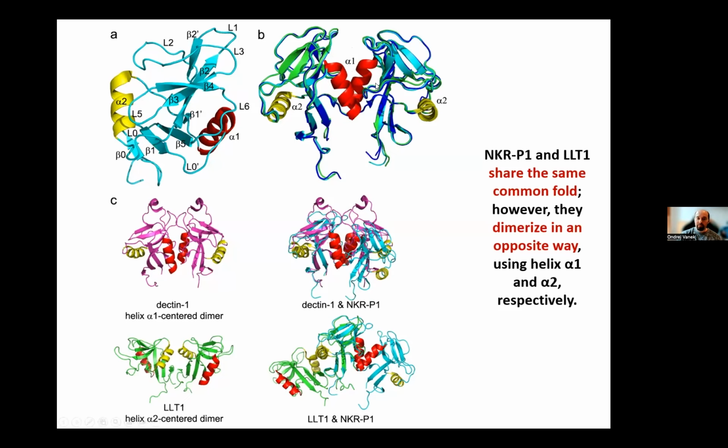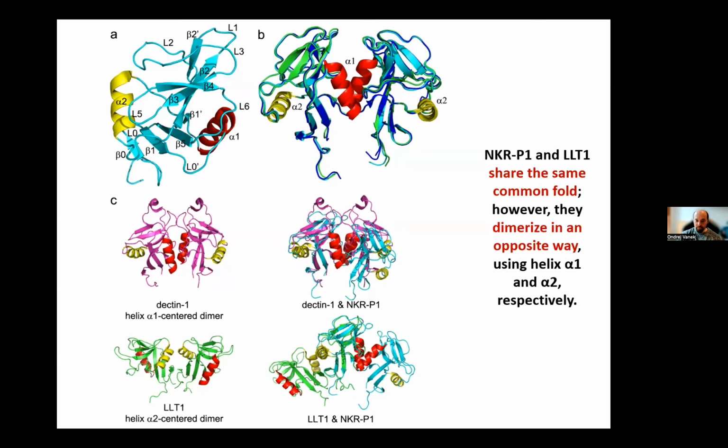So this non-covalent dimer is exactly the same when we compared the structure of glycosylated, deglycosylated, and deglycosylated in a complex. But what was interesting was that when we compared the structure of the non-covalent dimer of the ligand, LLT1, and the receptor, if you look down here on the bottom right, LLT1 and NKRP1 proteins are aligned using one of the two monomers in each protein.